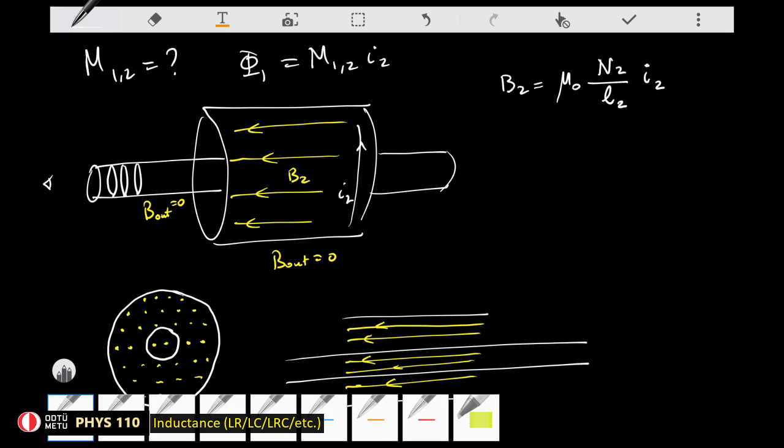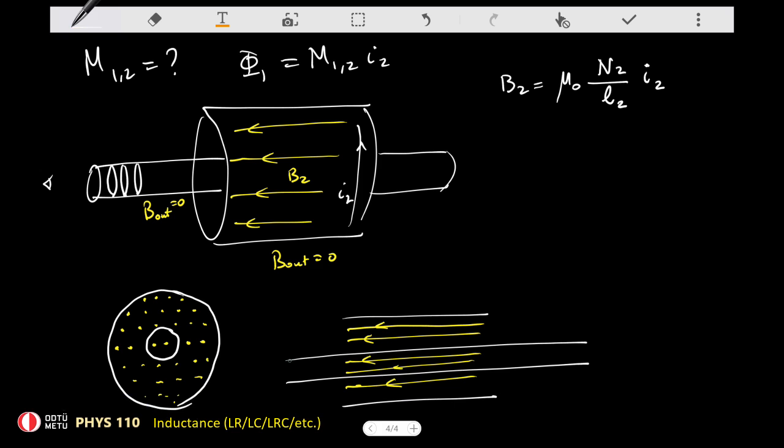What I'm saying in here is that this is the solenoid 1. There are these circular loops of wire in here, N1 loops. But some of these loops do not see any flux at all. These ones do not see any flux. But the loops inside the second solenoid, they are going to see a flux. So what I need to do is to count the number of loops that lie inside the second solenoid.